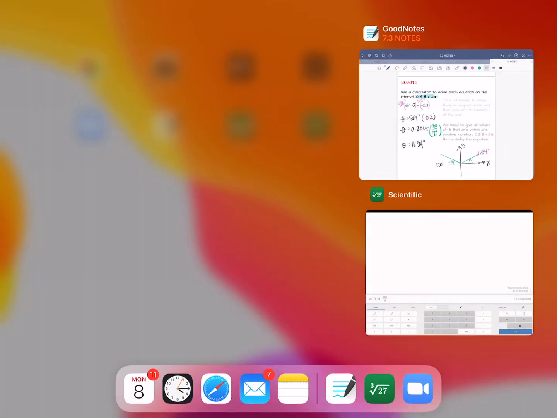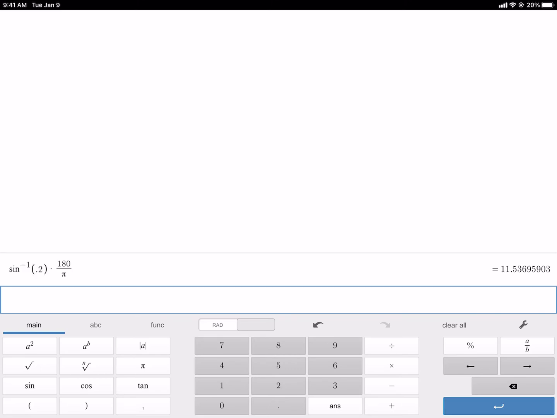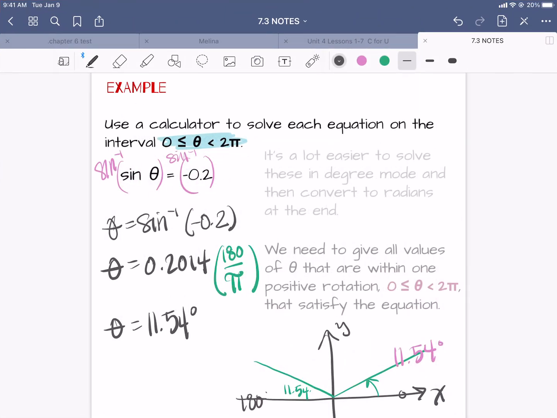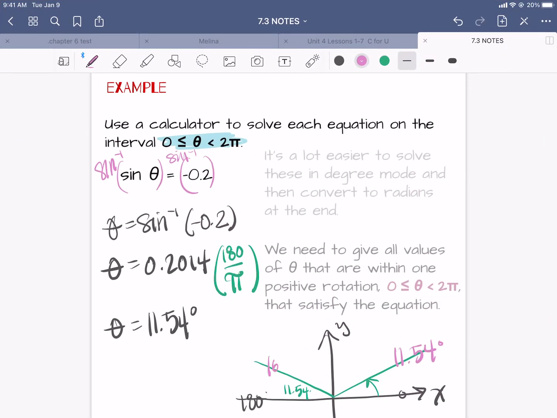So subtract 11.54 from 180, and you get 168.46.